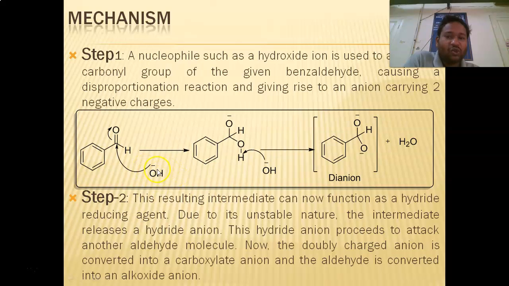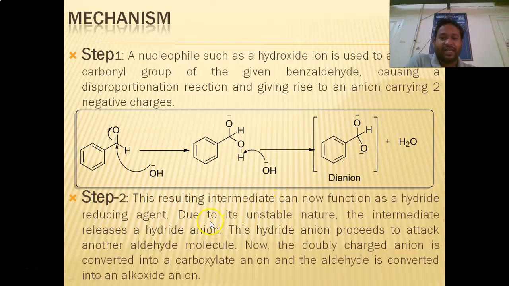It is not a strong base, it is a weak base, and it will not have sufficient energy to grab this hydrogen. Instead, it attaches to the carbonyl carbon, forming the corresponding intermediate compound. Okay, formation of the dione.